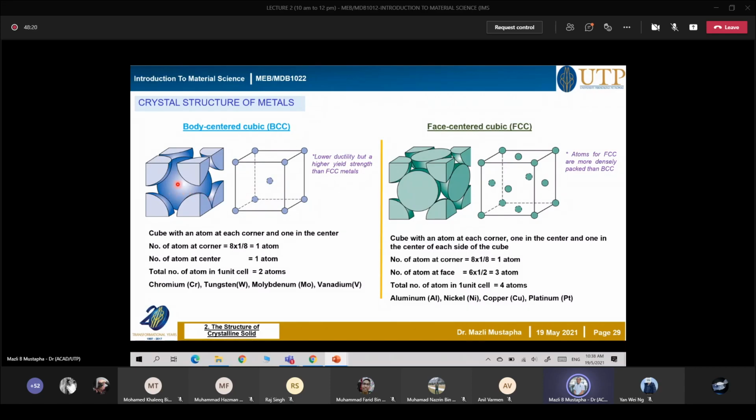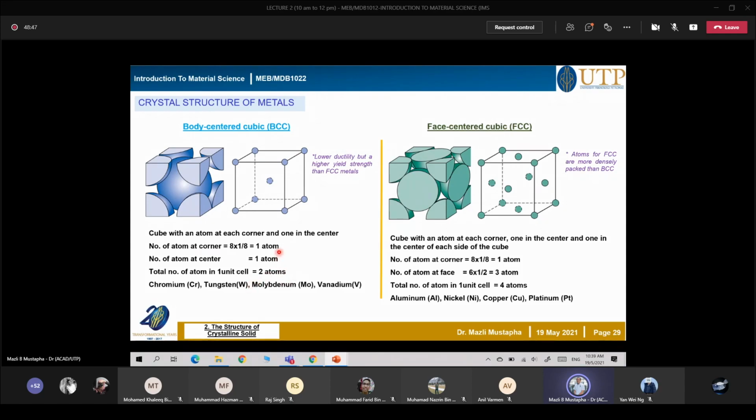And then the number of atoms at each corner: we have 1, 2, 3, 4, 5, 6, 7, 8, but each one is actually shared by another 8 cells. So we have 8 times 1 over 8, that is, 1 atom. So the total number of atoms present in the body centered cubic is 2 atoms.